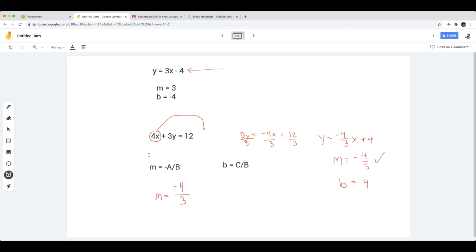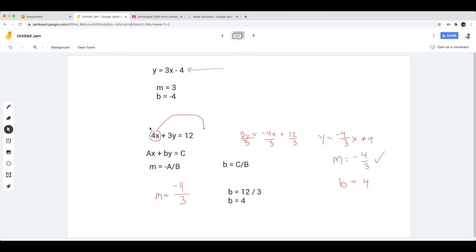And again, standard form was ax plus by equals c. So in this case, c is 12. So it's going to be 12 divided by 4. I'm sorry, by 3. Right? And that means b is equal to 4.